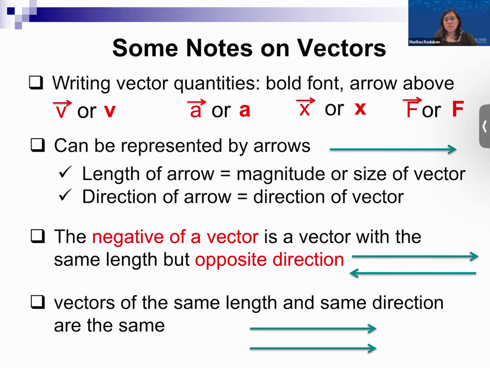Because vectors give information about both the magnitude and direction of the quantity, we say that two vectors are the same only if they have the same length, such that those two quantities have the same magnitude, and the vectors should also have the same direction. So the arrows representing the vector should be pointing in the same direction. So in this example, these two vectors here are the same.